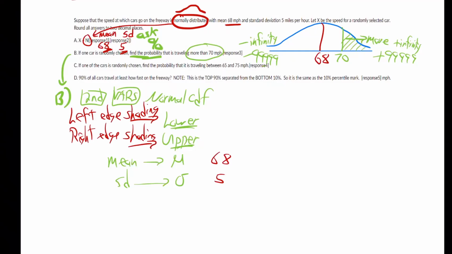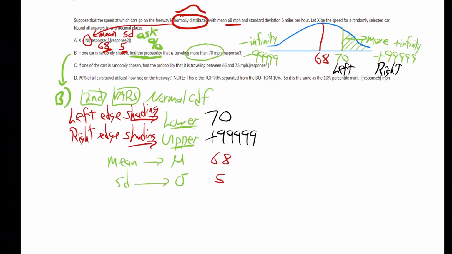So what is the left edge and what is the right edge? Well, here's the left and here's the right of the shading. Do you see what I mean? So this is the piece of shading right here, and its left edge is 70 and its right edge is right forever, which is positive infinity, and we just do positive 5 nines. So I'm going to go left edge 70, right edge positive 5 nines.